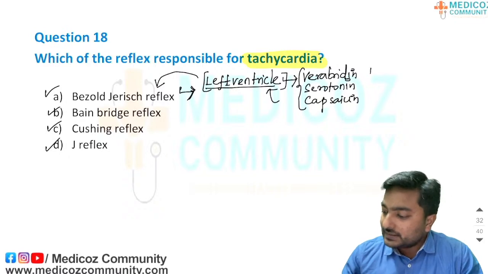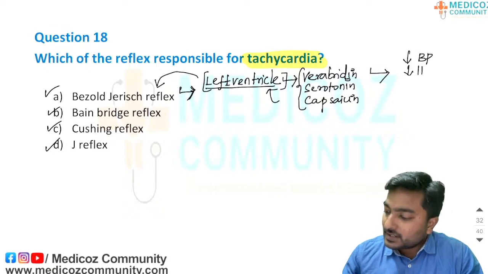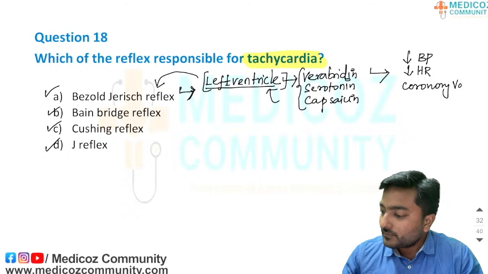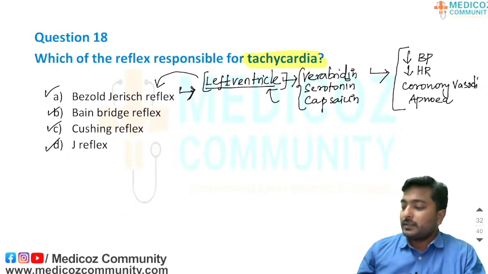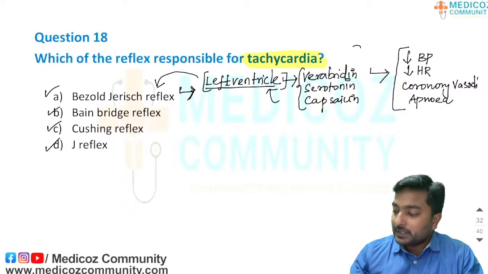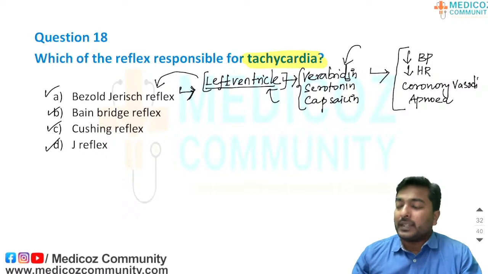Once this reflex gets activated, the response you will get is decreased blood pressure, decreased heart rate, coronary vasodilation, and apnea. These are the responses you will get whenever these chemicals act upon the receptors.